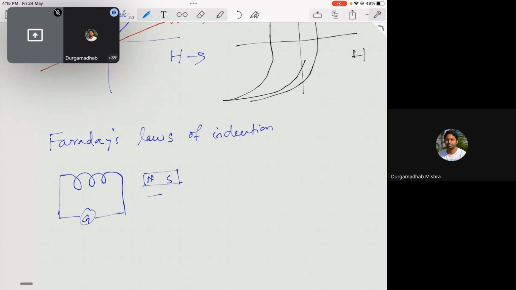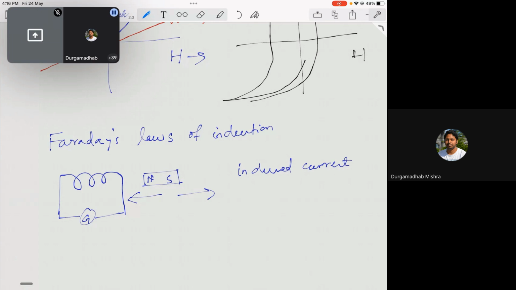He brought a magnet closer to the loop and then took it away. By changing the magnetic field, he could see there was an induced current.